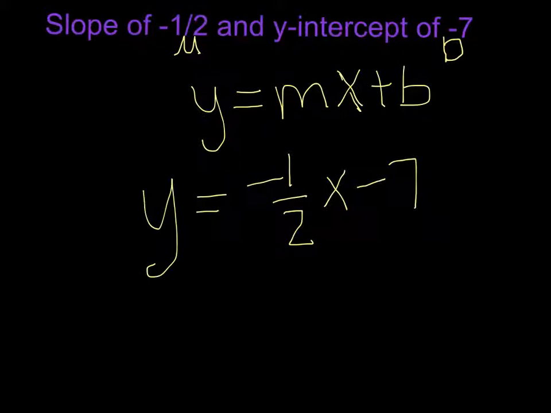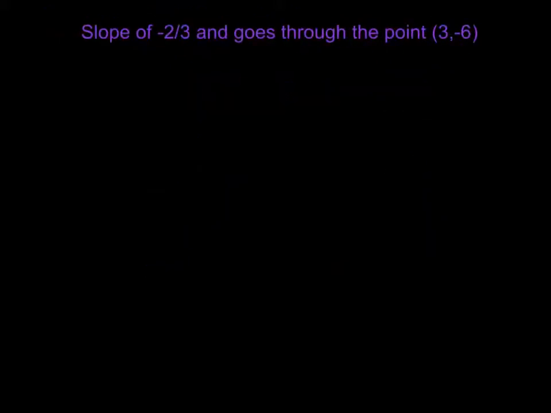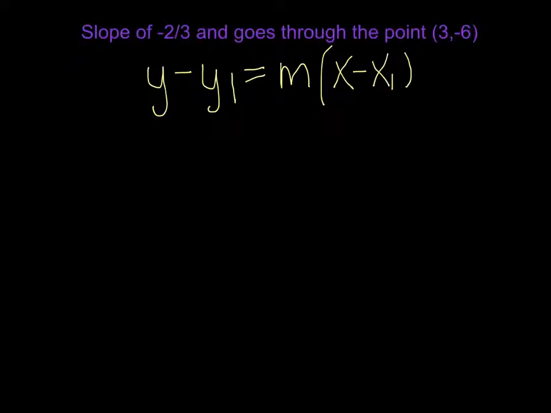Let's look at our next example. Given a slope of negative 2/3, and it goes through the point (3, -6). This is where we're going to use the point-slope formula. Again, the point-slope formula is y - y1 = m(x - x1).